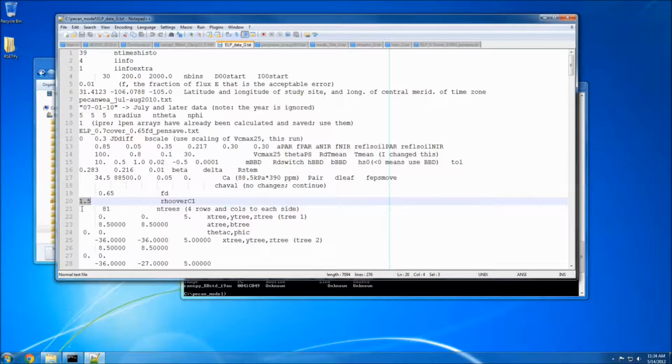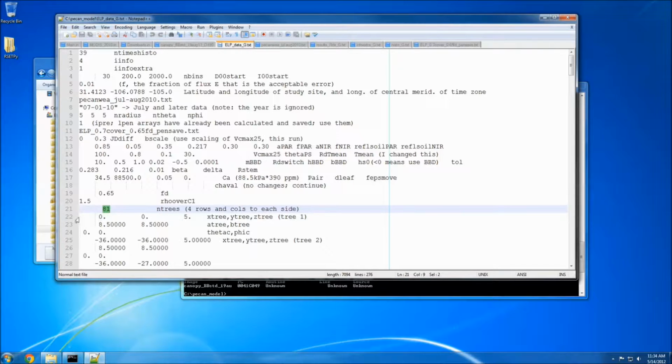The next lines are very extensive. Simulate 81 different trees. From a central tree, I go 4 columns and 4 rows in each direction, adding other trees that will possibly get in the way of light interception at various locations in the central tree.